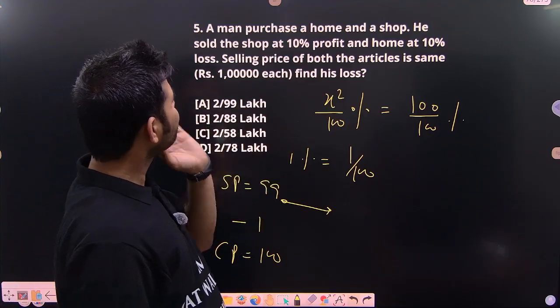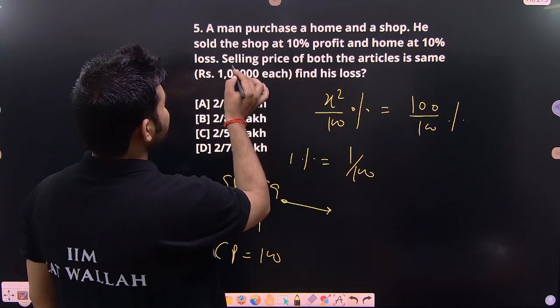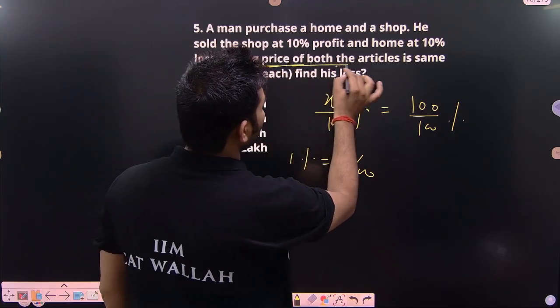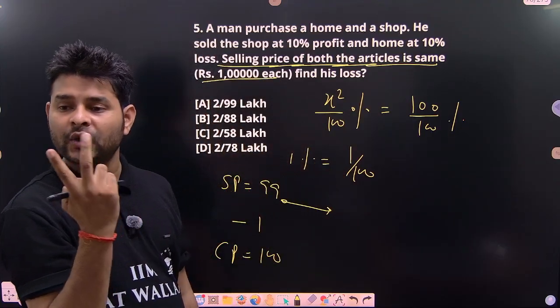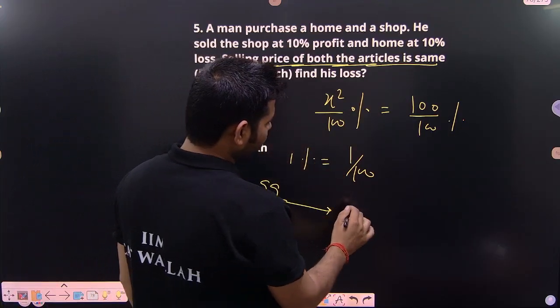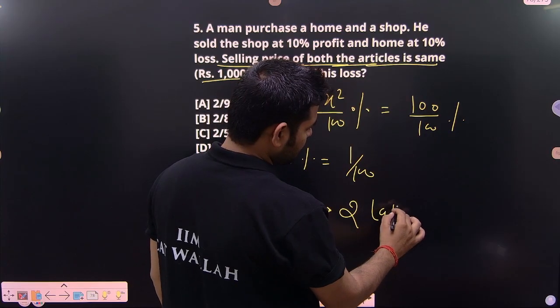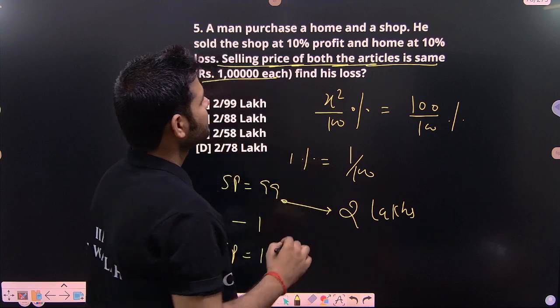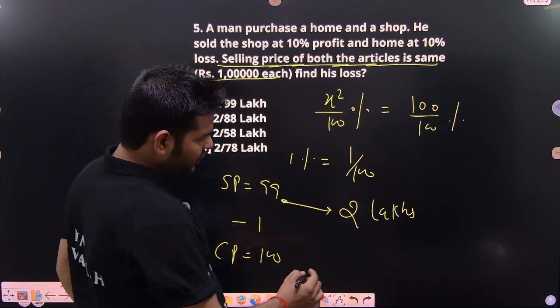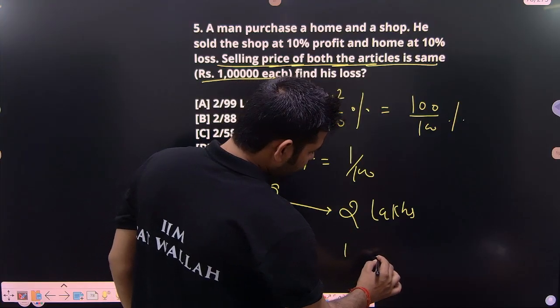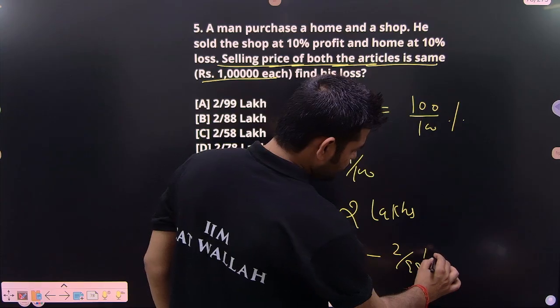Total SP is 1 lakh, as the selling price of both the articles is the same, rupees 1 lakh each. So total would be 2 lakhs. So 99 units will be 2 lakhs. We have been asked to find his loss. So loss is 1 unit. So 1 unit means 2 upon 99 lakh rupees.